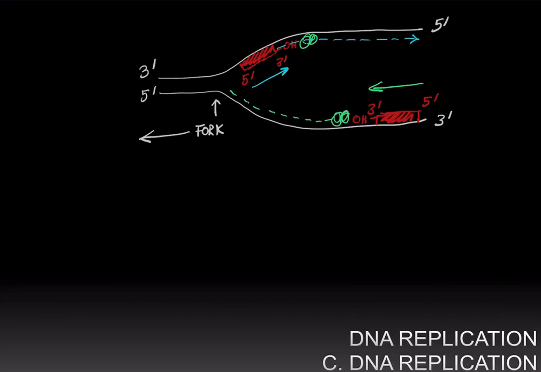Now, after a while, the replication fork would have moved further to the left, and so our DNA molecule is going to look something like this.